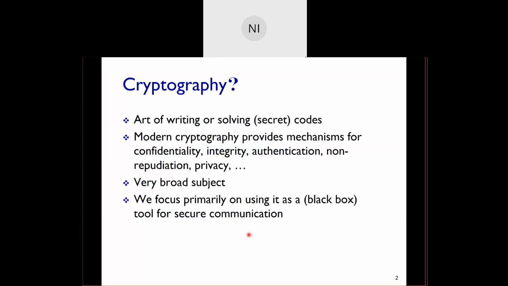But if you look at the modern cryptography that we are mostly interested here, we are interested in using cryptographic primitives in addressing the major objectives for secure communication like confidentiality, integrity, authentication, non-repudiation, privacy, etc. So the concept itself is very broad in nature, and what we are trying to do here is looking at what are the basic primitives of cryptography and using these as a tool for secure communication over internet.